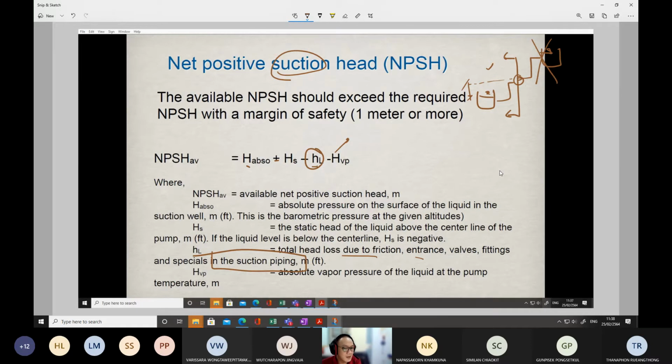The discharge piping is not included in the head loss determination according to this equation. Then for the vapor pressure, we have to subtract it because we don't want the pressure to reach the vapor pressure. That is why we have to avoid it.